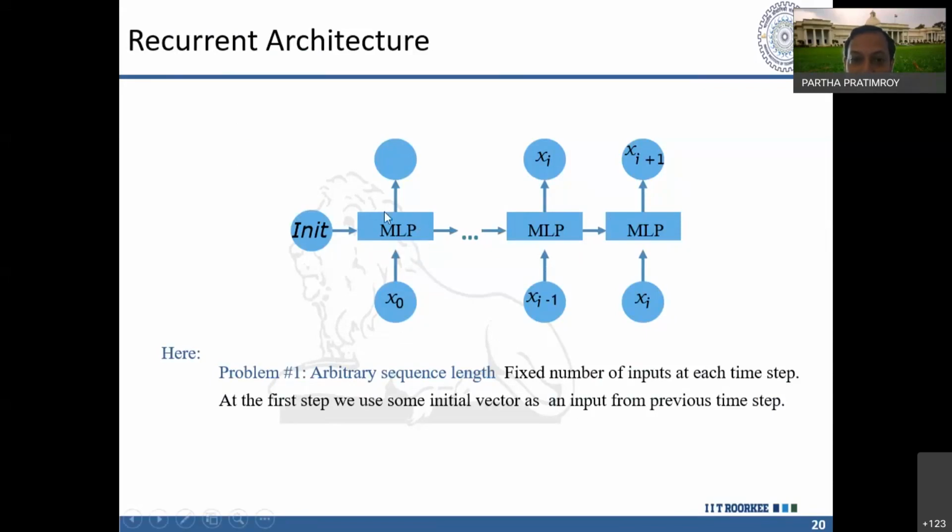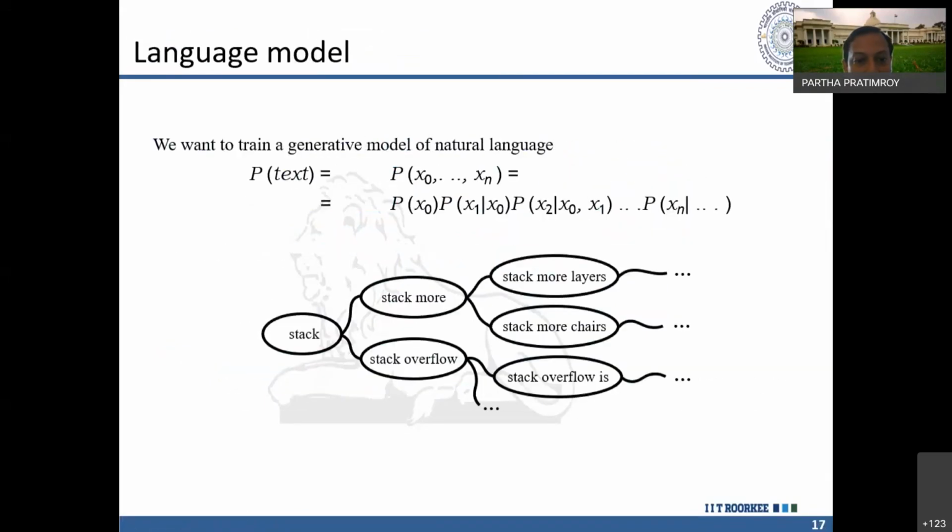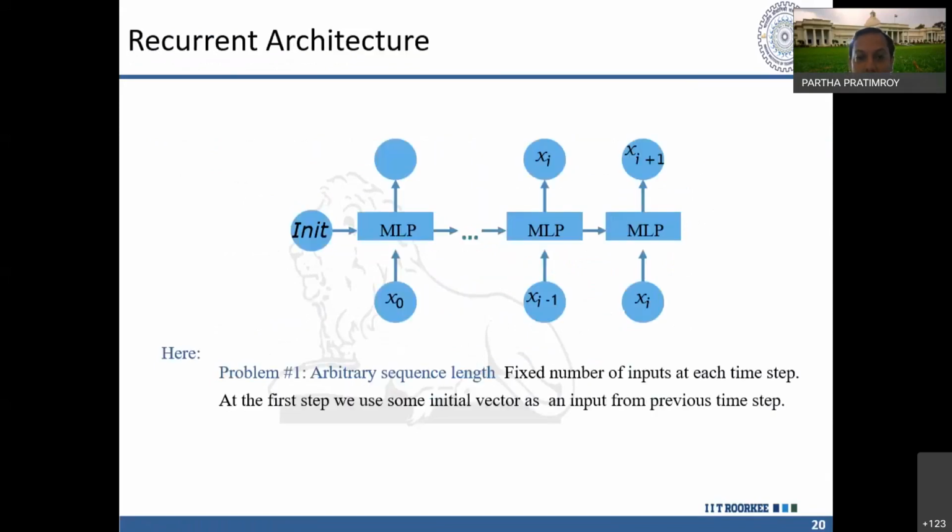If the input is stack, it could generate more or overflow. Now, whichever word I get, more or overflow, I then consider this more in another multi-layer perceptron.